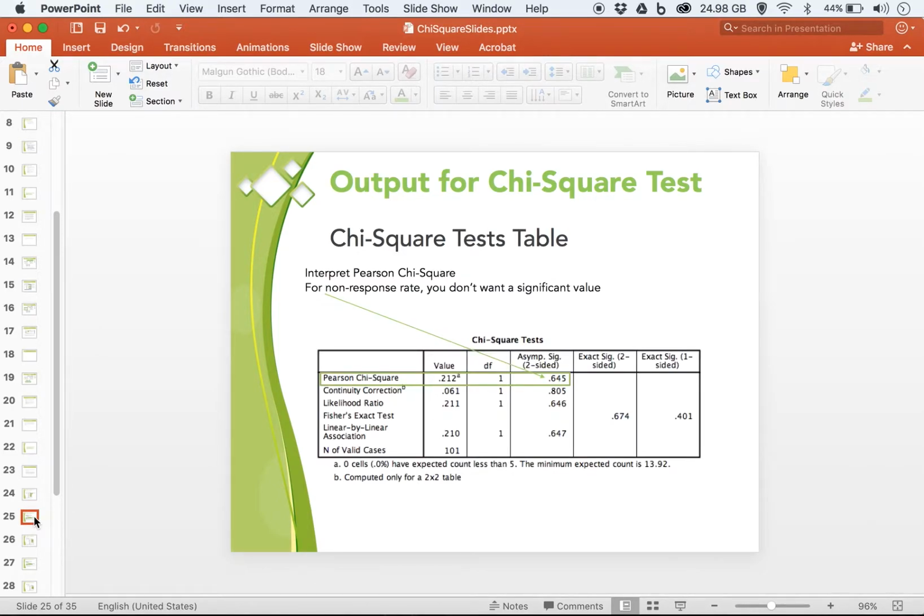Then we're going to look at the chi-square test table, and we do not want a significant value for our Pearson's chi-square. And we have 0.645, and that is not significant because it is greater than 0.05. And that's a good thing. It means our early and late respondents are not different.